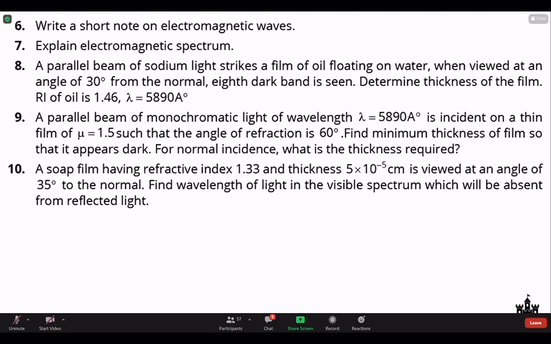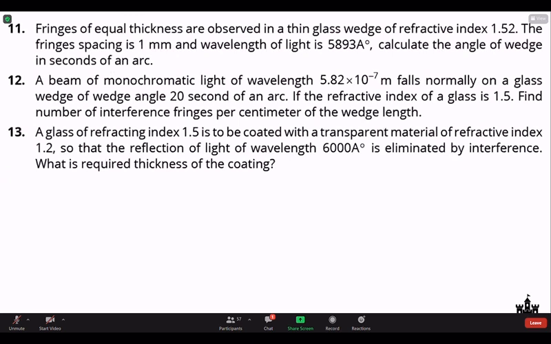Please solve numericals 8, 9, and 10. I will also give you a few more questions and examples. Have you taken the screenshot of this? Yes, sir. Okay. Take the screenshot of this as well, 11, 12, and 13.